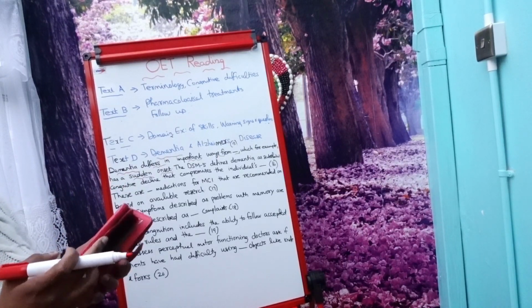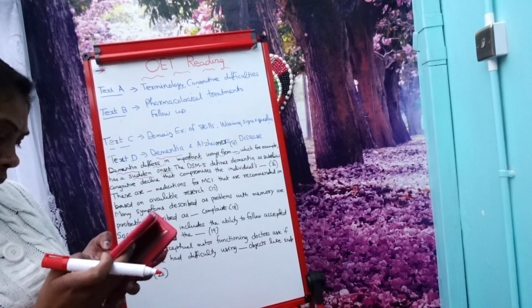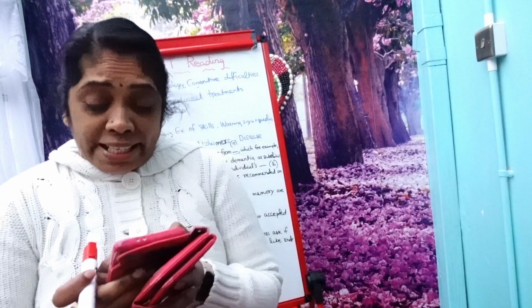In text D, it says dementia is a syndrome with many possible causes, with Alzheimer's disease being the most common in older people. It is generally of gradual onset with a chronic course, although there are exceptions.